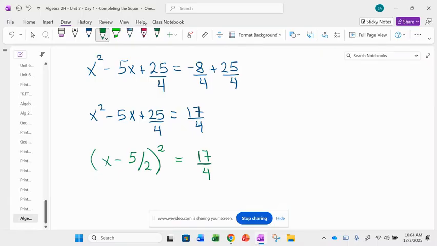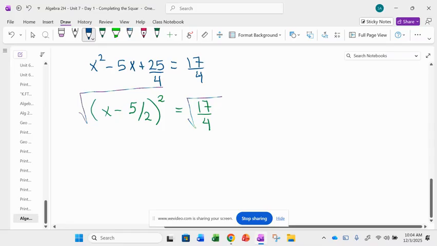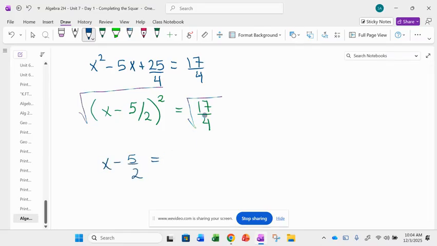And now we solve square root method. So I end up with x minus 5 halves is equal to plus or minus the root of 17 over the square root of 4 is 2.